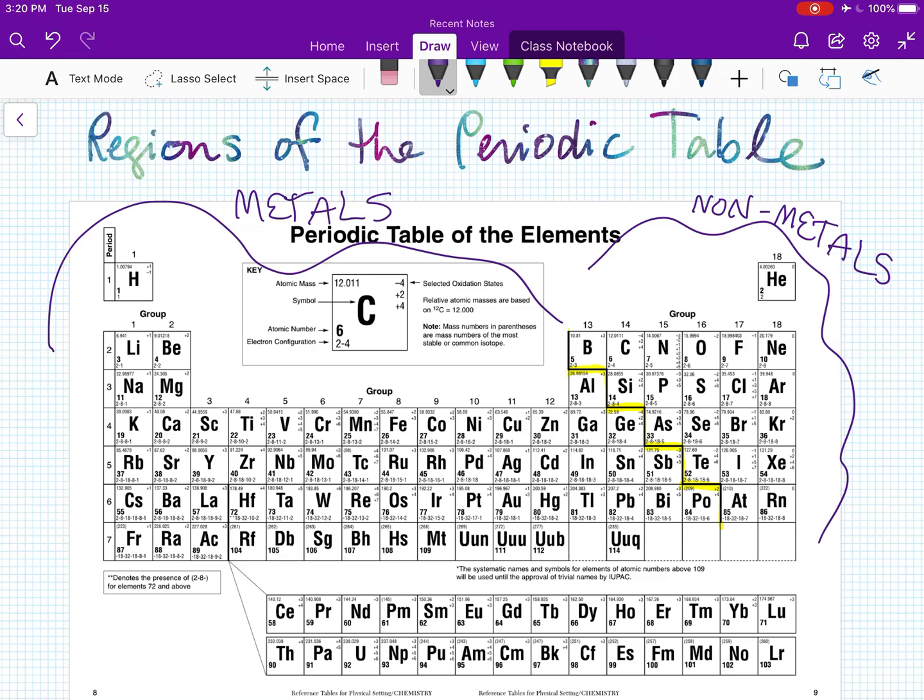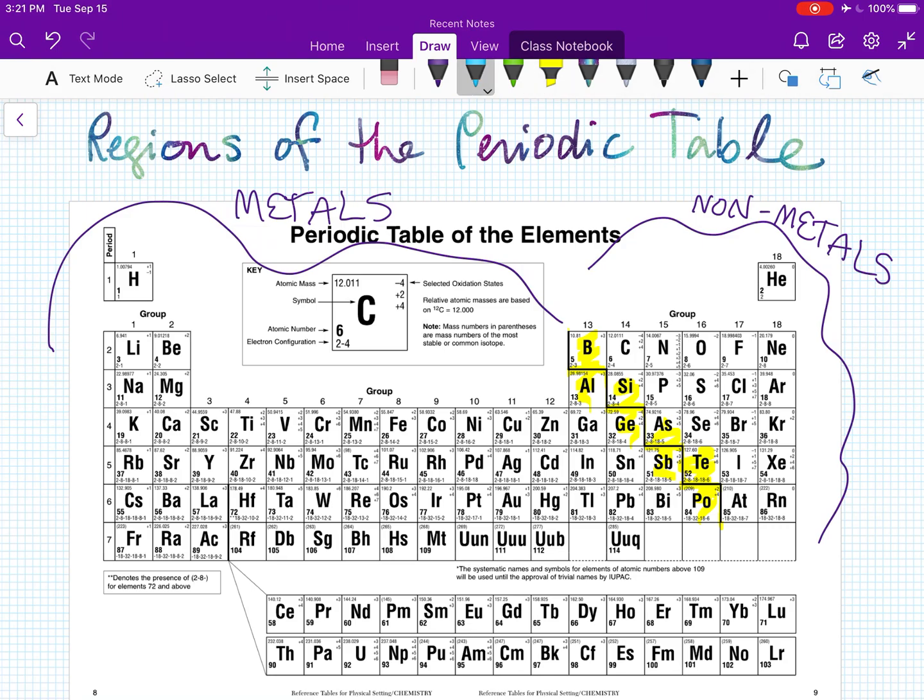Now, what we'll find out in subsequent chapters is that metals tend to form cations, and nonmetals tend to, but not always, form anions. The other thing you should know is that elements that touch the diagonal staircase directly, so the ones that are right on the diagonal staircase, boron, aluminum, silicon, germanium, arsenic, antimony, tellurium, and polonium, these are called metalloids or semimetals.